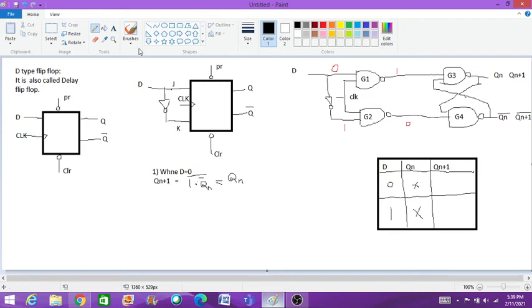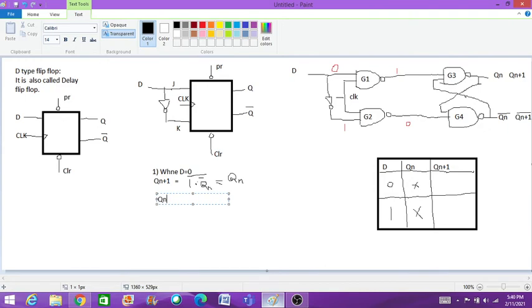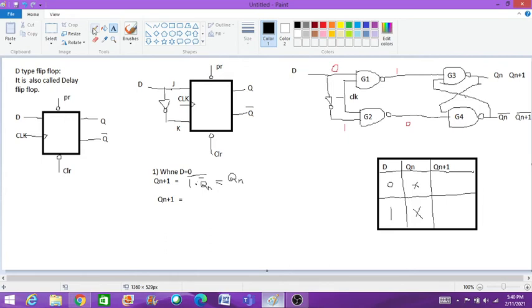So here we did not get any definite output, 0 or 1, so we go for the complement port. What will be Qn plus 1 bar? This is the output of the G4 gate. So one input in G4 is 0 and the second input is Qn, and it is passed through the NAND gate, which is Qn bar.